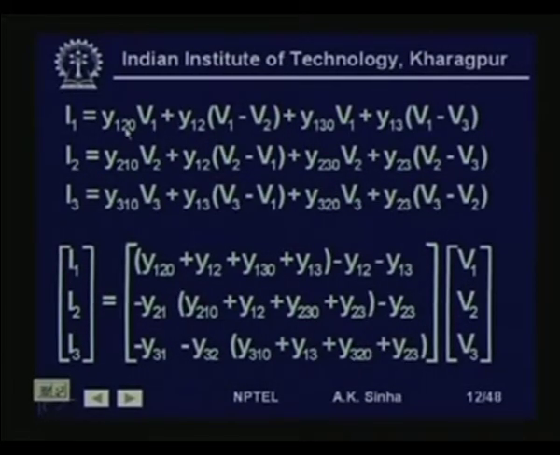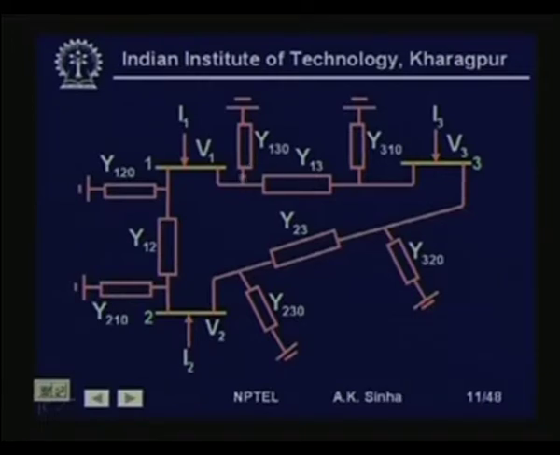So, we can simply write, using Kirchhoff's law, the relationship as: I is equal to Y into V, where Y is a 3 by 3 matrix for a 3 bus system, and the diagonal elements are nothing but the sum of all the elements connected to this particular bus bar.